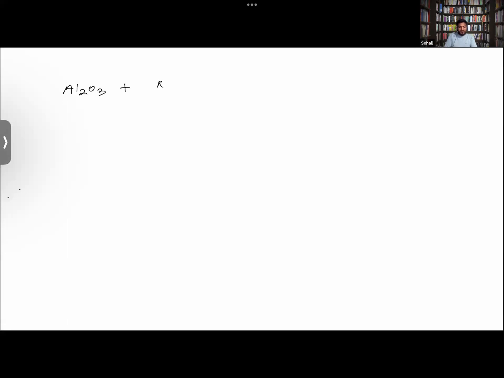You have the common base sodium hydroxide. ये base है, the name is sodium hydroxide. It will be giving sodium aluminate, NaAlO2, plus water. So हमें क्या मिल रहा है?